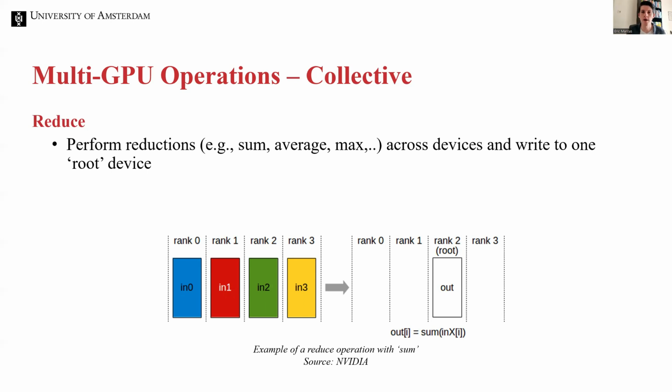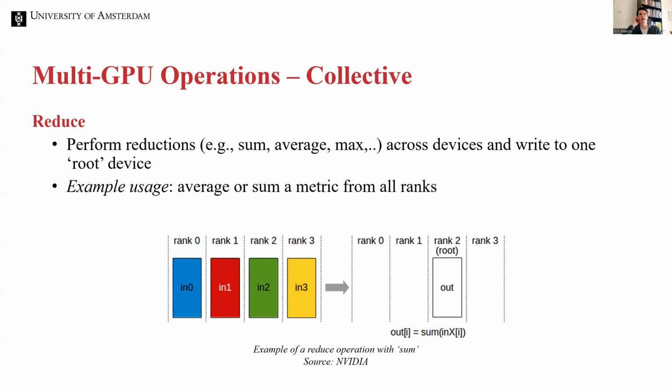There's obviously nothing special about rank 2. Any of them could be the root. You can imagine when we would use this as well. We can have a certain metric on each rank, and we want to average out that metric and collect it on one of the GPUs and then do something with that.